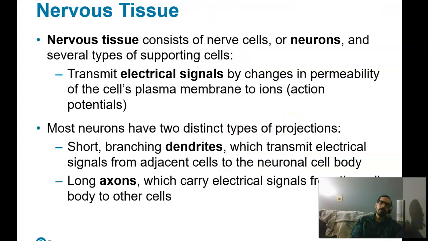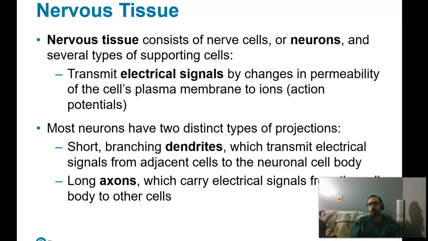So nervous tissue is made of nerve cells called neurons, and these have several types of supporting cells. The neurons transmit electrical signals that are made by changes in permeability of the cell's plasma membrane to ions, or action potentials. Most neurons have two distinct types of projections.